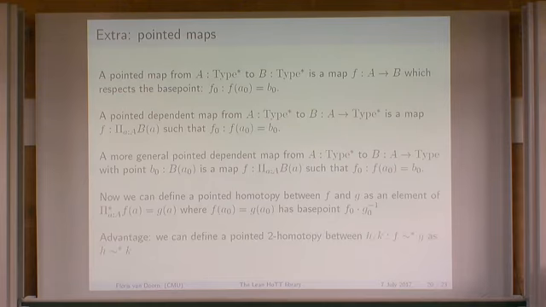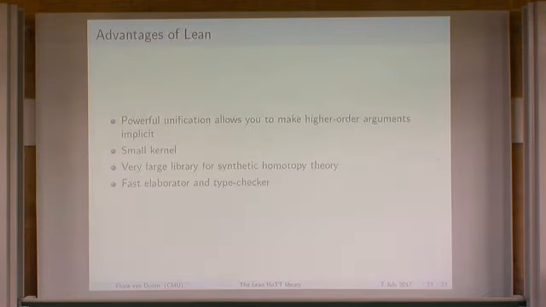And this is very nice. For example, you can define a homotopy between homotopies as just again a pointed homotopy. So this is kind of an engineering solution to reduce the amount of different concepts in pointed types. You basically only need pointed dependent maps.